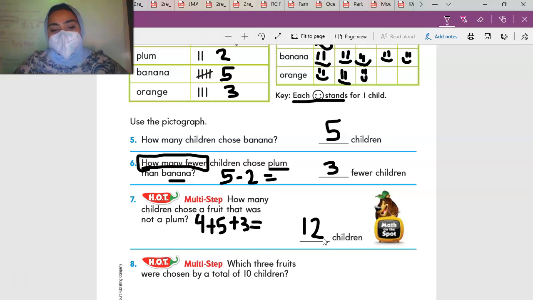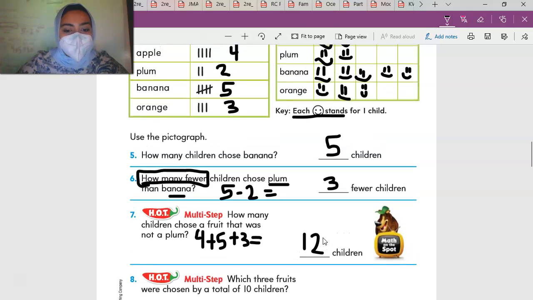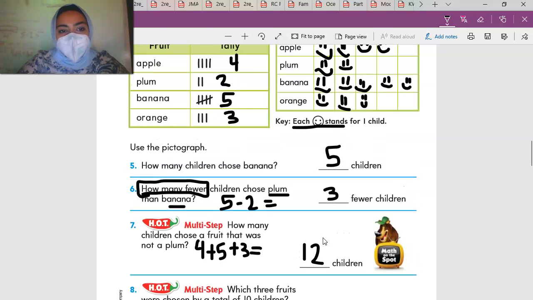Number 8 says, which 3 fruits were chosen by a total of 10 children? That means you're going to have to guess and check. Which 3 can you add together to make 10? I'm going to try apple, plum, and banana first. See if those make 10. 4 plus 2 is 6, and 6 plus 5 is 11, so it's not those 3. What if I do plum, banana, and orange? 5 plus 2 is 7, and 7 plus 3 is 8, 9, 10. There you go, that works.